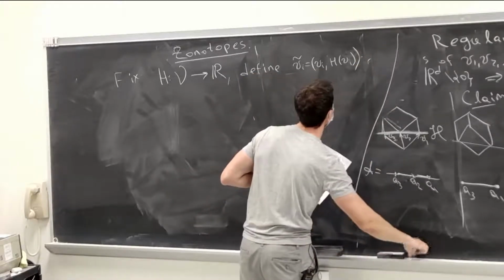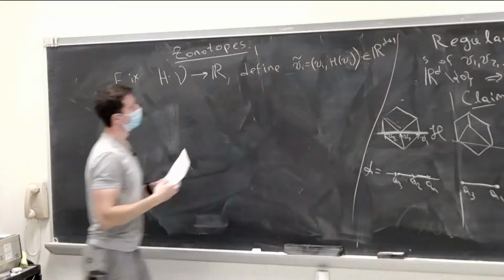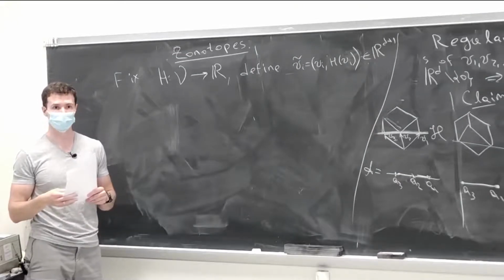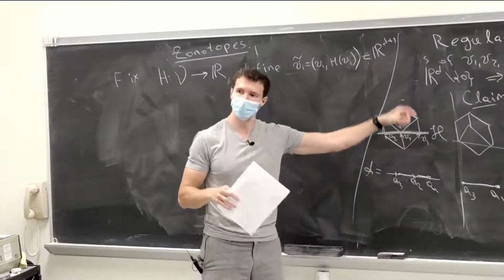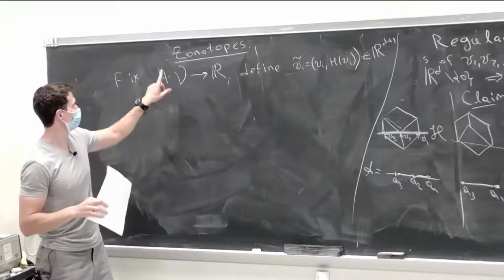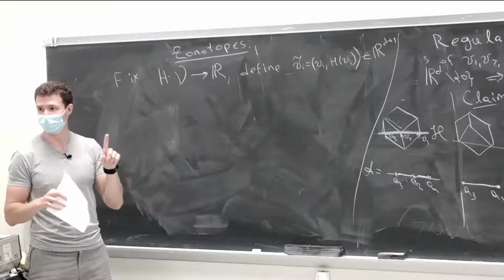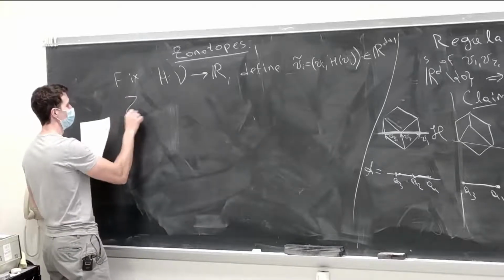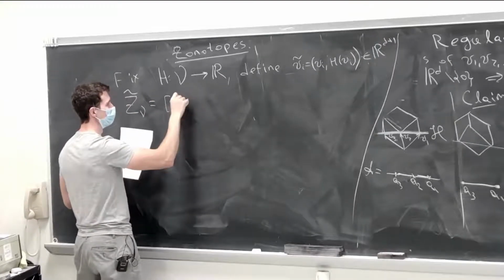This vector belongs to R^(d+1). And then what do I do next? For regular triangulations, I lifted each point to some height and then took the convex hull. Here, take the zonotope. Yes: take the zonotope corresponding to the V tilde configuration.